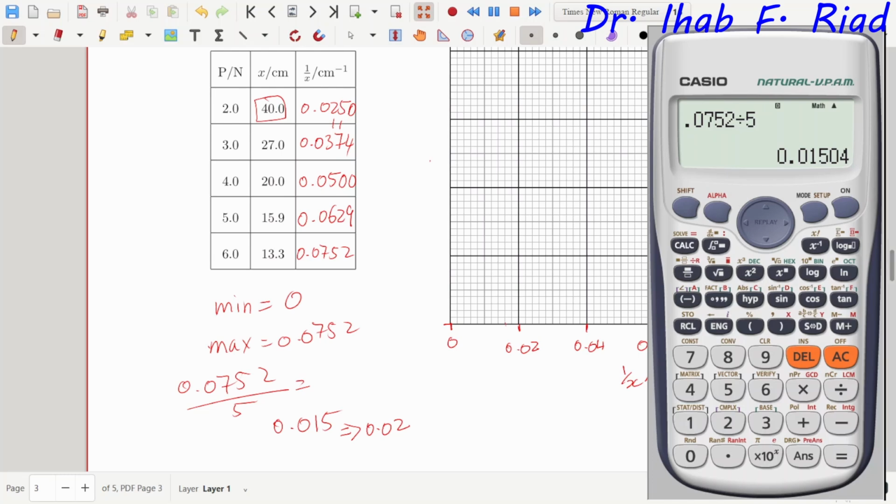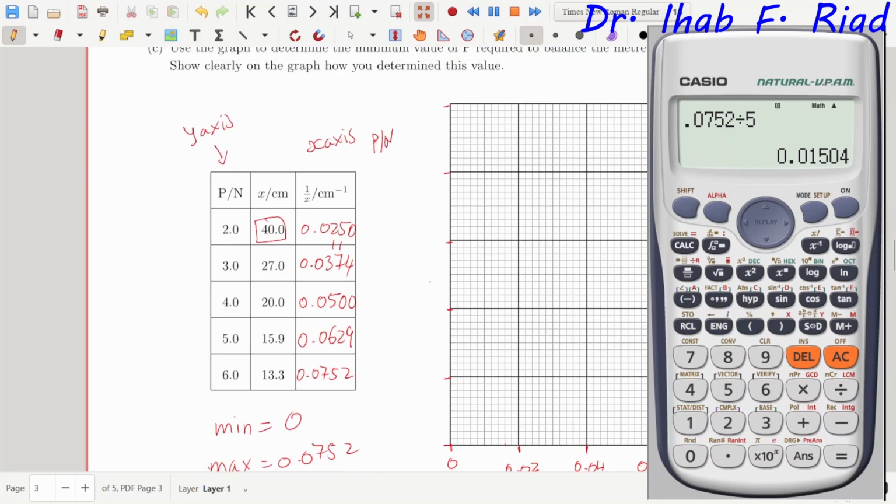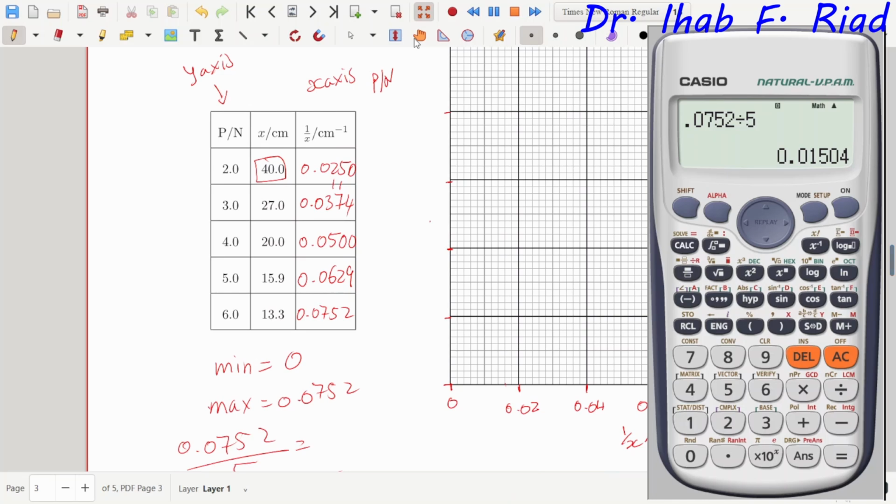On the y-axis we have 2, 3, 4, 5, 6. Another scale, starting from 0, 2, 4, 6.